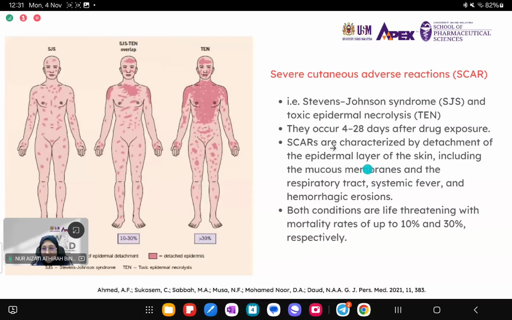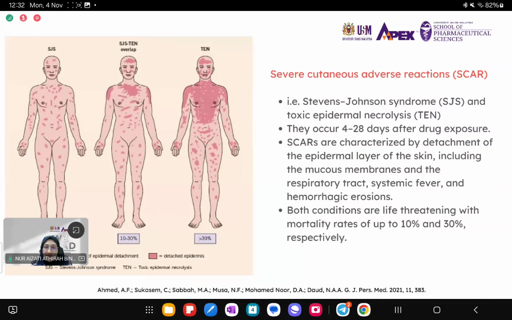So the representation is the same, like the detachment of the epidermal layer of the skin. Maksudnya dia punya skin tu, mula-mula dia akan start with the mucous membrane. For example, the patient might complain of sore throat ataupun chapped lips, for example. And also the patient might develop fever as well. So fever is also one of the initial symptoms of developing this SCAR reaction.